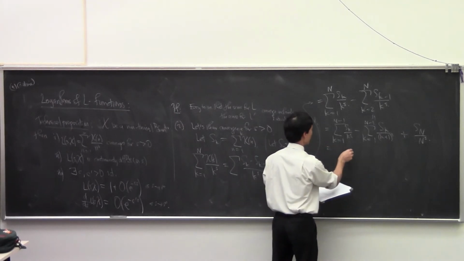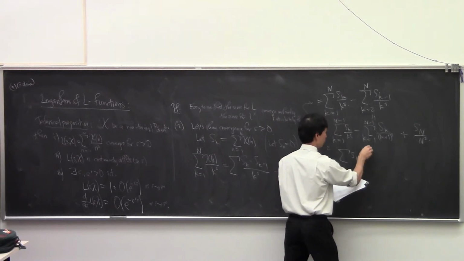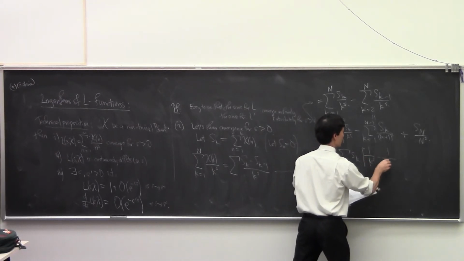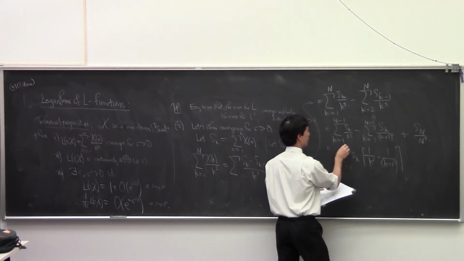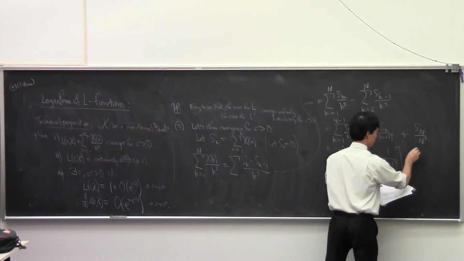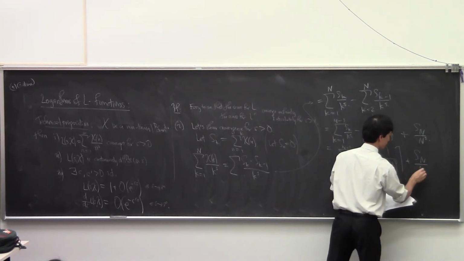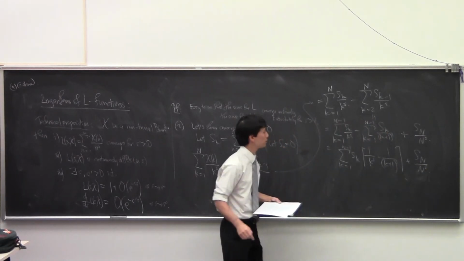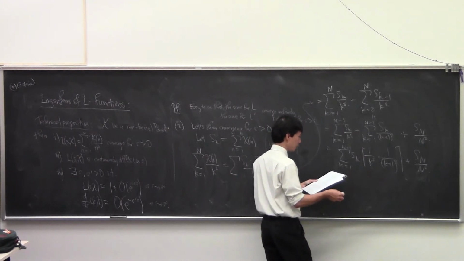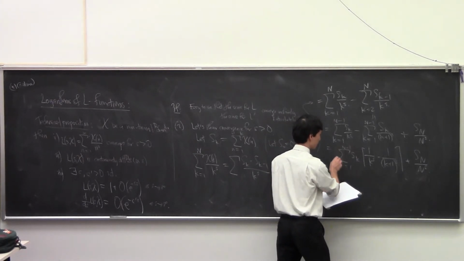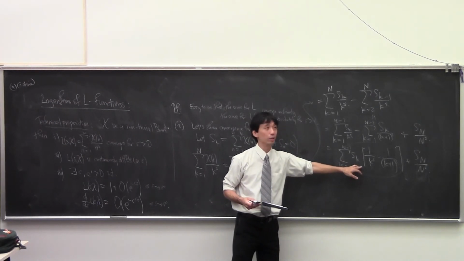Then you can guess what's going to happen. We can combine these terms: the sum of S_k times (1 over k^s minus 1 over (k+1)^s) from k equals 1 to n minus 1, plus this S_n term. And this is the thing that we're going to show converges absolutely and uniformly.